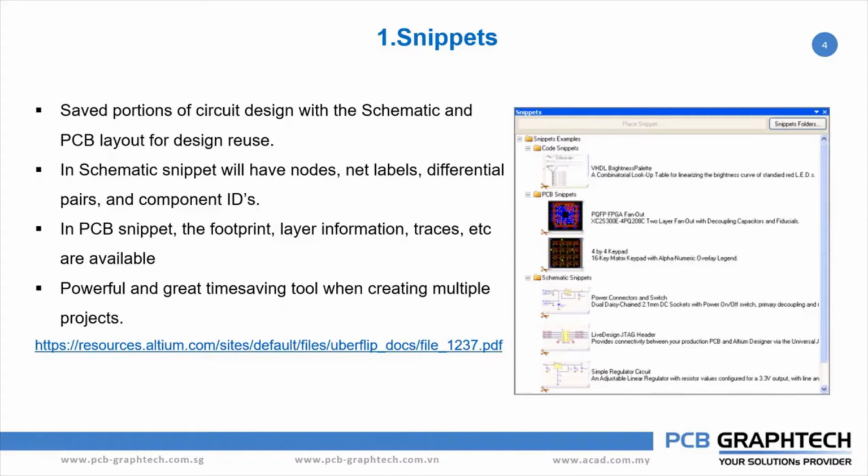All of this is saved in the schematic snippet. In a similar way, a PCB snippet saves the footprint, the layer information, and the traces. It is a very powerful and time-saving tool which you can use for multiple projects in the future.